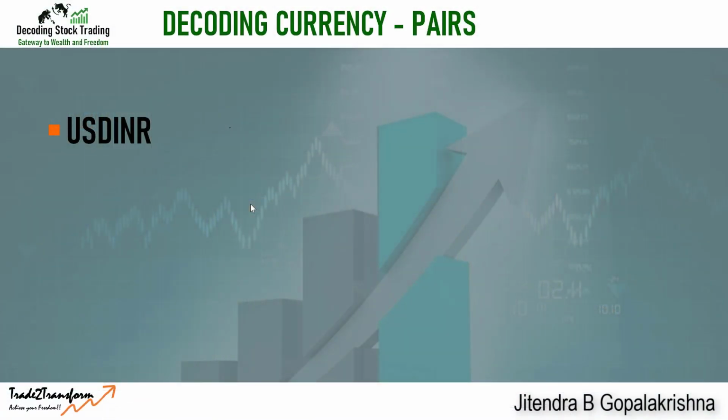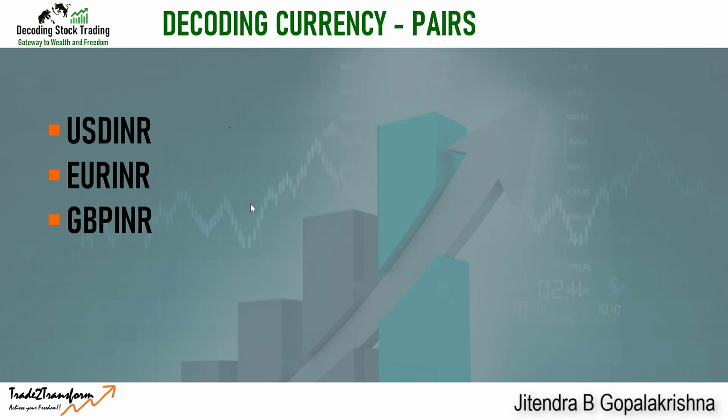What does it mean? In India, we pair our Indian rupees with 4 major global currencies and create a pair out of that and then accordingly trade, which means Indian rupees with US dollar. That's the first one, USD INR. Then Euro and INR, that's the second pair.